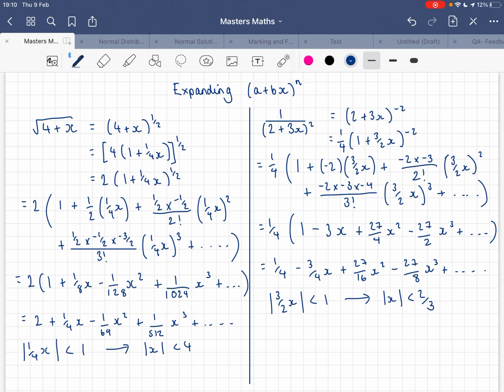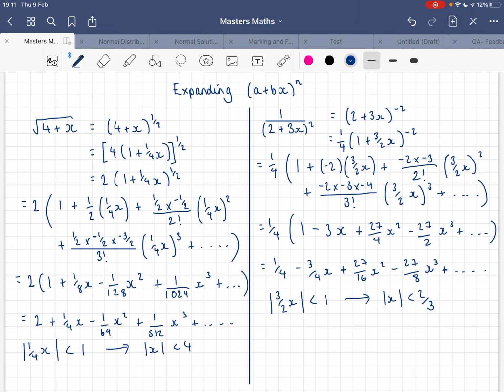But I'm pretty sure that was how the exam questions worked, that they won't say in the question, like, find the expansion of whatever and state when the expression's valid. I don't think they say that in the question, but they expect you to do it anyway. But I could be mixing that up with something else, with a domain range kind of question. But anyway, I'll check that and get back to you.